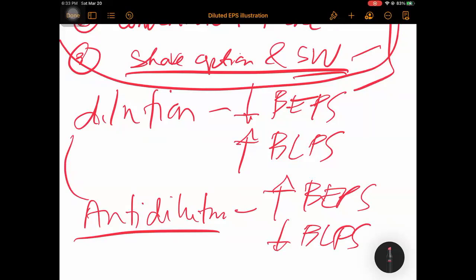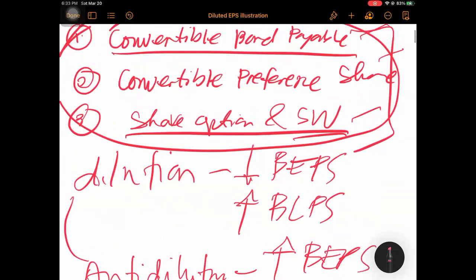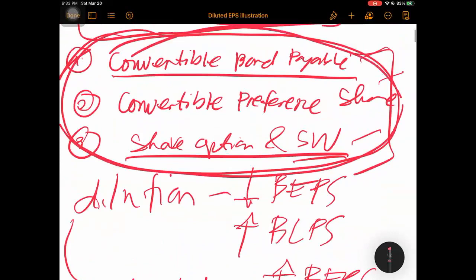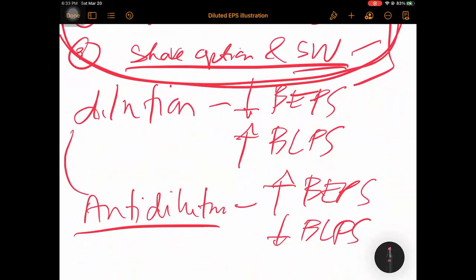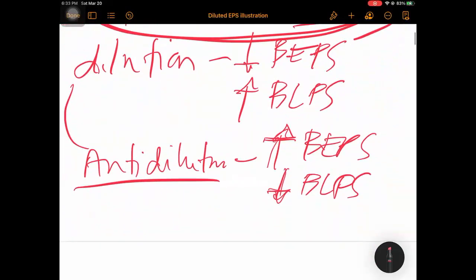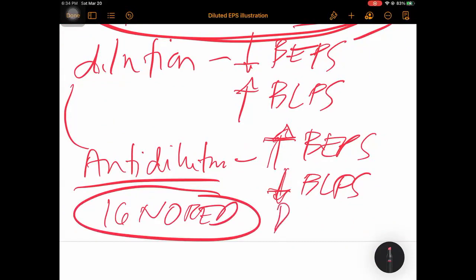In this case, the potential ordinary shares are anti-dilutive and ignored. Take note, if the effect of this potential ordinary shares in the computation of your earnings per share is anti-dilutive, pasabot, it would increase your basic earnings per share or it would decrease your basic loss per share, it is ignored in the computation of the diluted earnings per share.